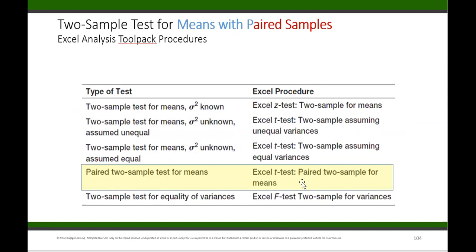And now whenever we have paired samples, we're going to use t-test paired two sample for means. We're not going to worry about the test statistic and the details of the formula, right? We're going to use the t-test paired two sample for means tool in Excel for performing this type of test.